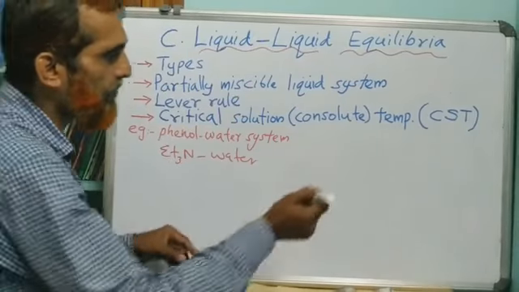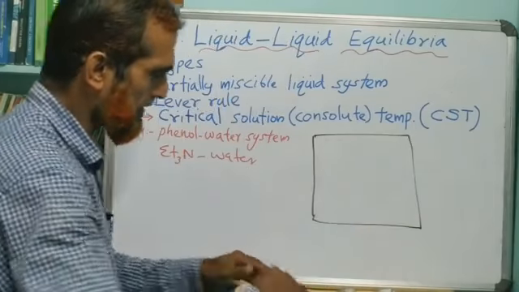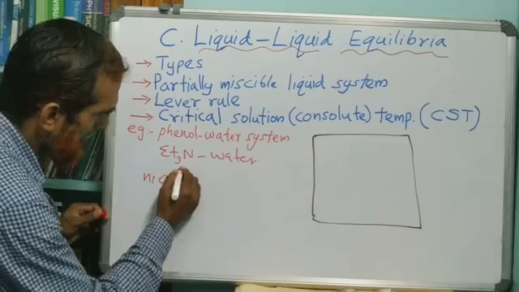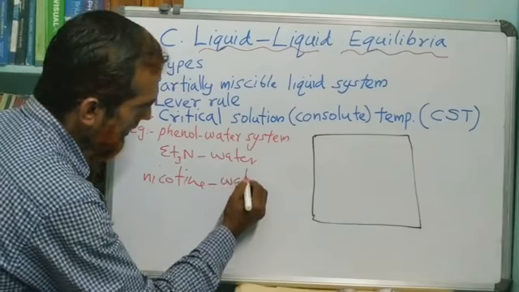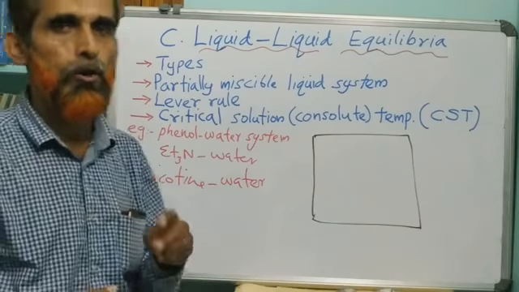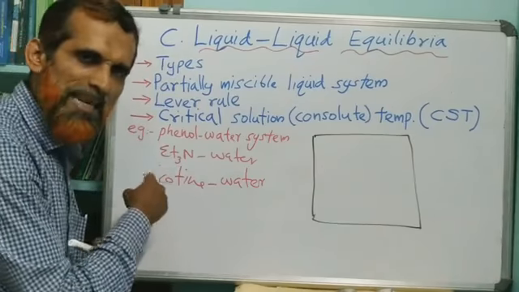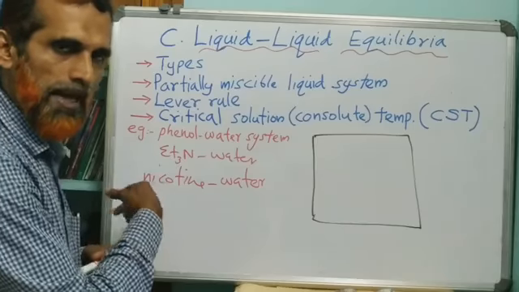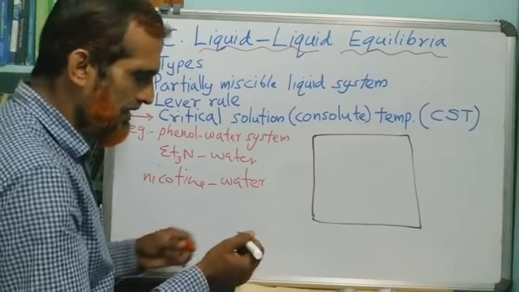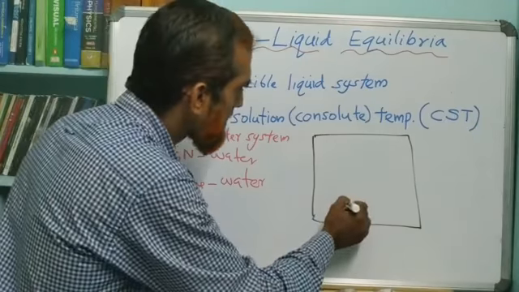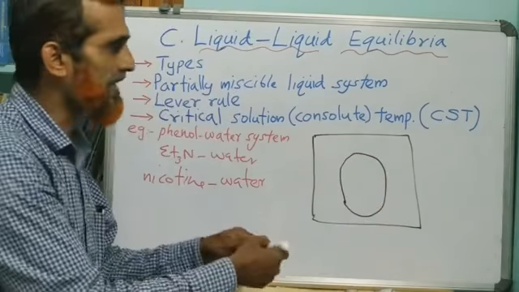And in the case of another system, the nicotine water system, nicotine, you know, is a liquid. It's an alkaloid obtained from tobacco leaves, and these are all amines, nitrogen-containing alkaloids. So the nicotine water system has a phase diagram like this, which has both upper CST and lower CST.